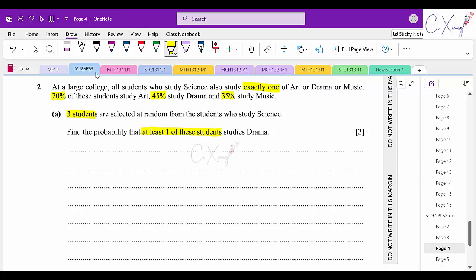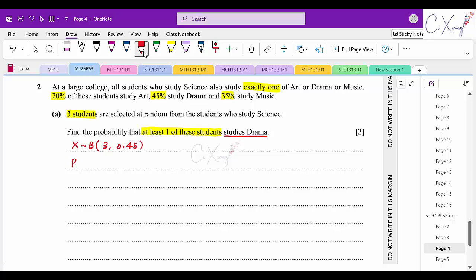For this kind of structure, it belongs to binomial. So we know that X is binomially distributed, where we are interested in the number of students who study drama. We have 3 students in total. What's the probability of a student studying drama? The probability is 0.45.